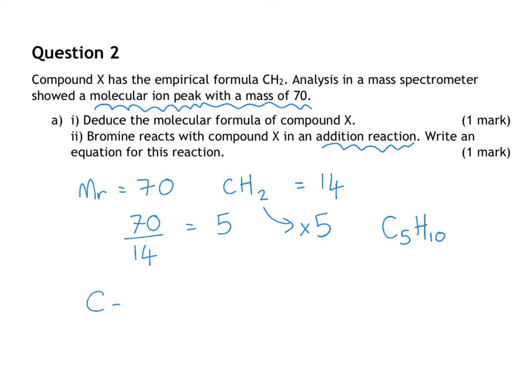And so the balanced equation simply needs to be C5H10 plus Br2 makes C5H10Br2. It's as simple as that. Don't want to be drawing any displayed formulae or anything like that, because we don't actually know what isomer C5H10 is. We're going to be looking at that later in the question.